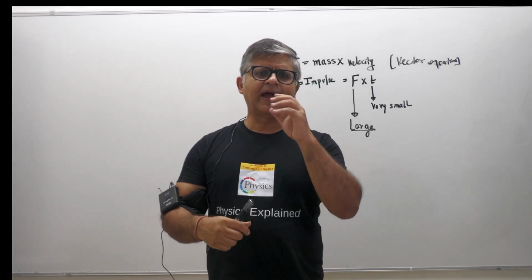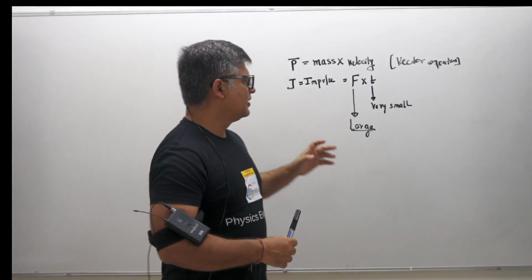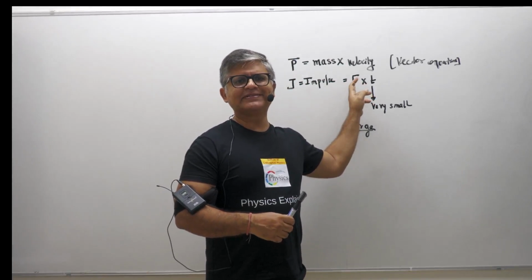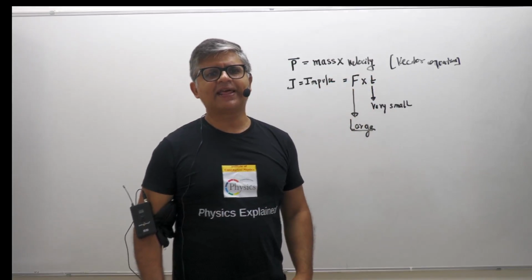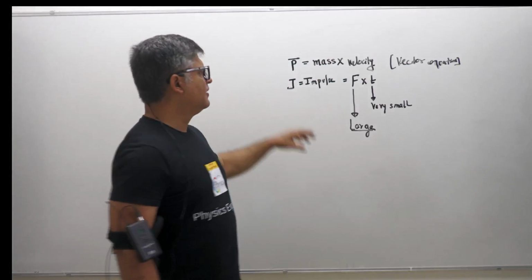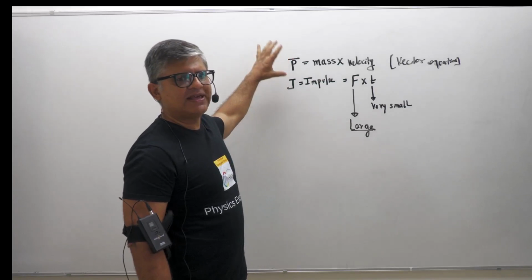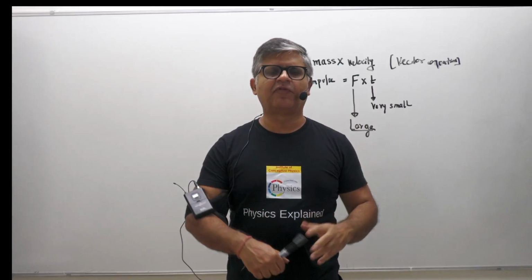And the ball has been in contact for a very little time. Now the product of the force you experience and the time for which the ball stayed in touch with your racket is called impulse. But today, we are studying impulse and momentum together. We are studying the impulse momentum concept, what exactly it is.